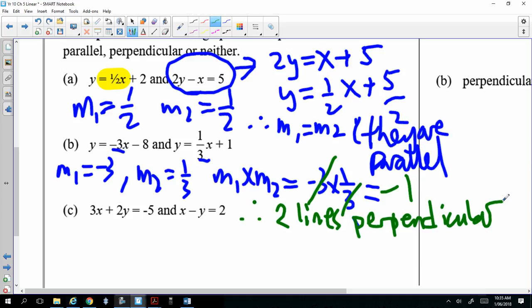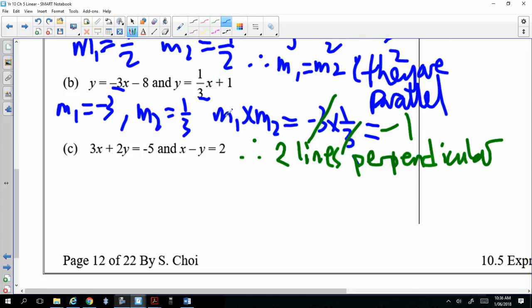Alright, get the idea? Alright, try the last one. You have to make both y the subject. So you have to do some work before you find the gradient. So let's try this. You go 2y equals -3x minus 5. y equal to -3 over 2 x minus 5 over 2.